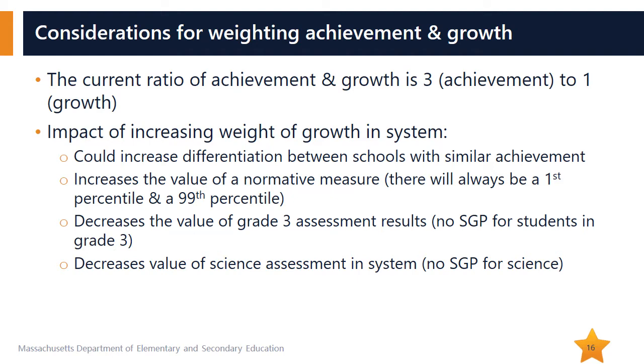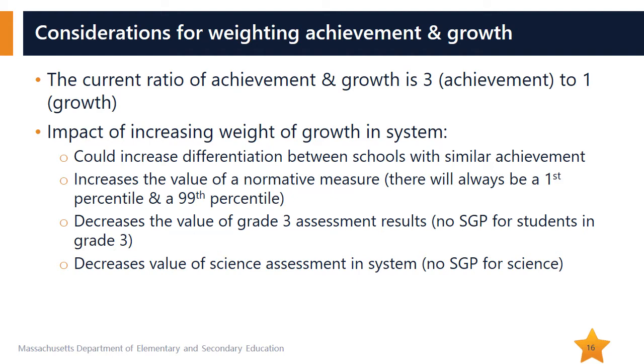If everyone does well, someone will still be given an SGP of 1. If everyone does poorly, someone will still be given an SGP of 99. While the SGP is a valuable accountability measure, it is important to understand what exactly it represents.